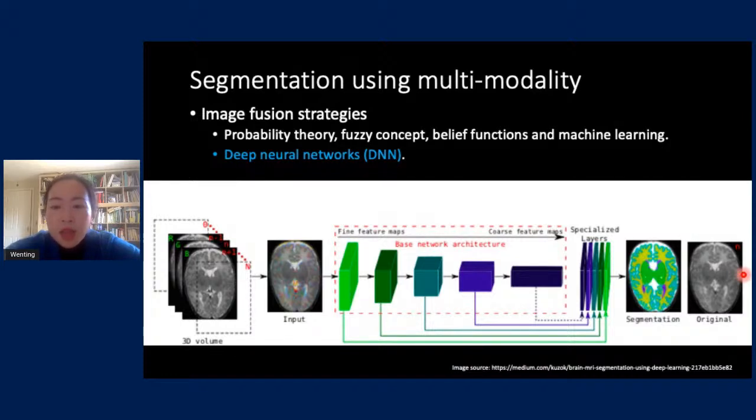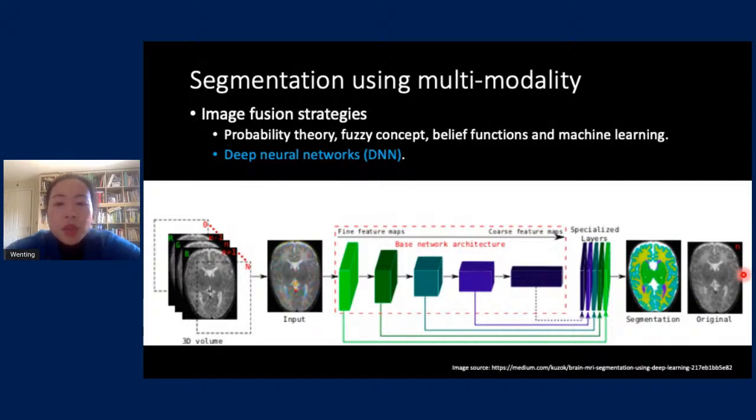These models nowadays form the state-of-the-art approach to a wide variety of problems in computer vision, language modeling, and robotics. The same trend happened for medical segmentation. You've seen lots of literature in the segmentation field. In this talk, we will put our particular focus on deep learning-based multimodal fusion for brain segmentation.